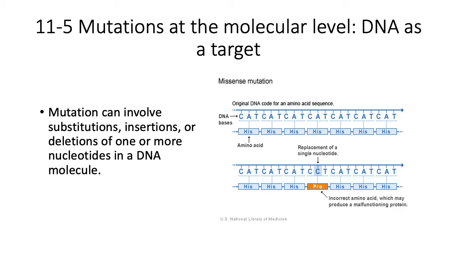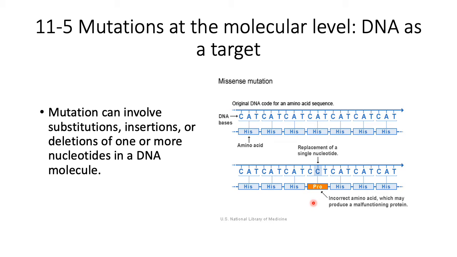All right, let's move on to section 5, which is mutations at the molecular level. Now let's look at what goes on at the level of DNA. We've discussed earlier that mutations can involve substitutions. If you have a nucleotide substitution, like what it shows in this picture here, where A was swapped for C, that can result in a whole different amino acid being produced.